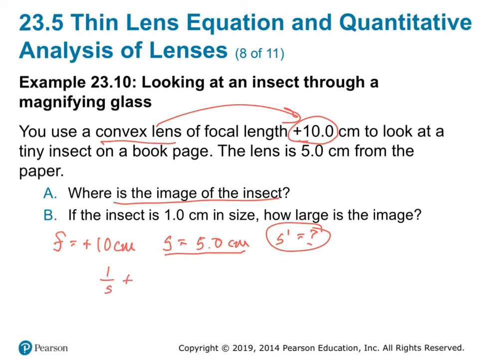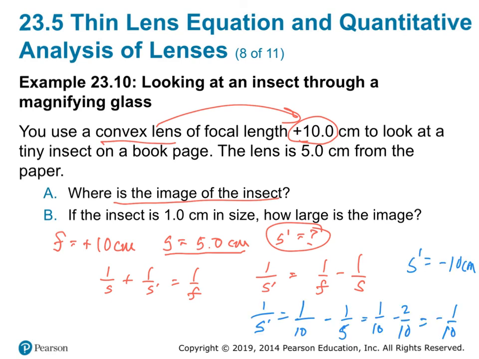The equation looks like this. This is the thin lens equation, and I know two of those three variables, so I'm going to solve for s prime. It's going to be equal to 1 over the focal length minus 1 over s. I filled in some of the numbers here: 1 over the focal length minus 1 over the object distance equals 1 over the image distance.